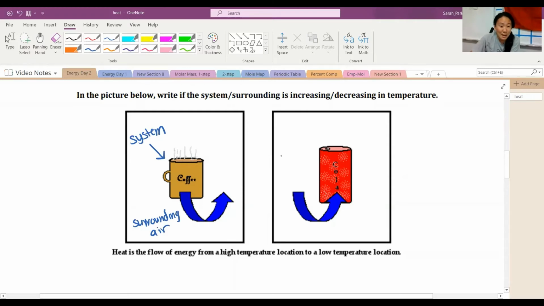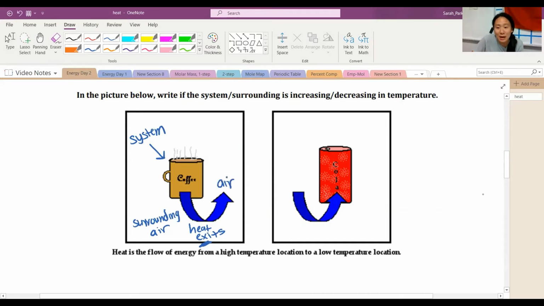So what's happening if you leave a hot cup of coffee out on the counter? If you leave it out and let it do its thing, then what happens? The heat is then exiting out of the coffee, right? It exits into the air.